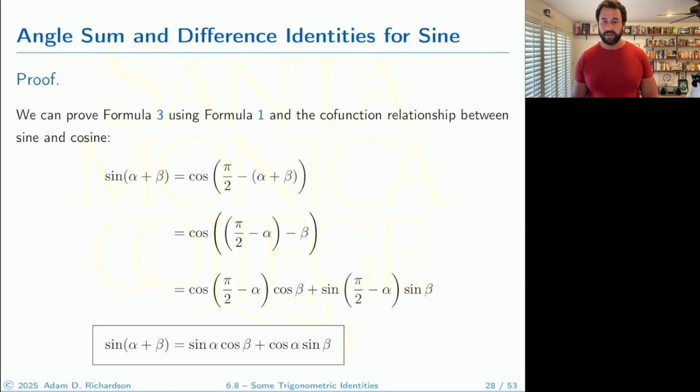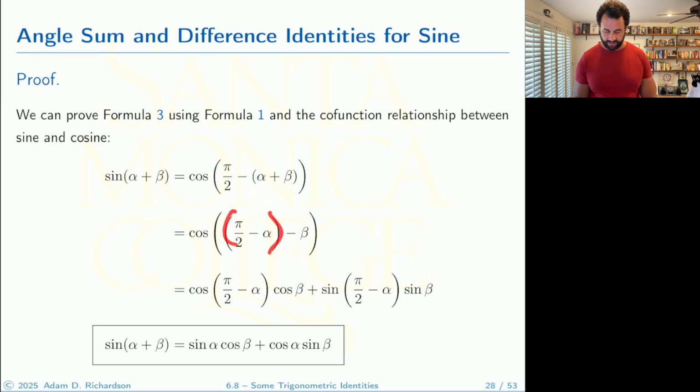So here we go. Starting with the angle sum identity, we're going to use the cofunction relationship right here. So sine of alpha plus beta is equal to cosine of pi over 2 minus alpha plus beta. That's the cofunction relationship. Here, I'm just going to reassociate. So I'm going to distribute the -1 to alpha and to beta, and then reassociate the results.